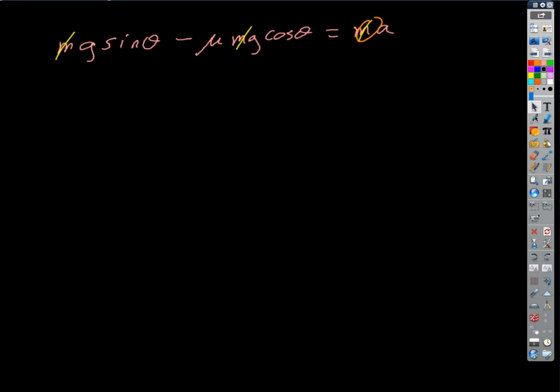Okay, so we've got the equation that's equal to 0, right? So if I add this to the other side, I can divide by g this time too, can't I? And I just end up with mu cosine theta on the other side equal to sine theta. So what's mu? Tangent theta.